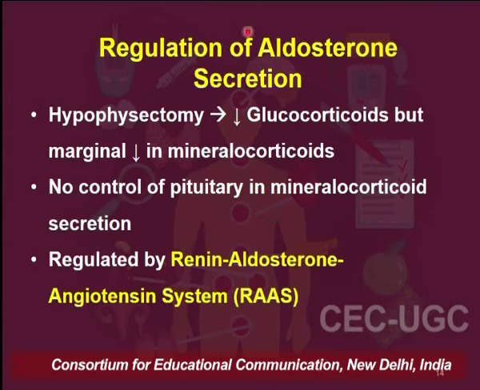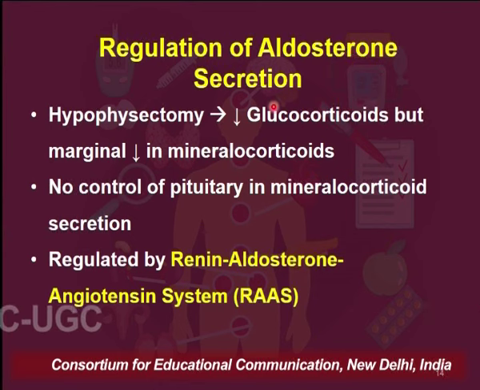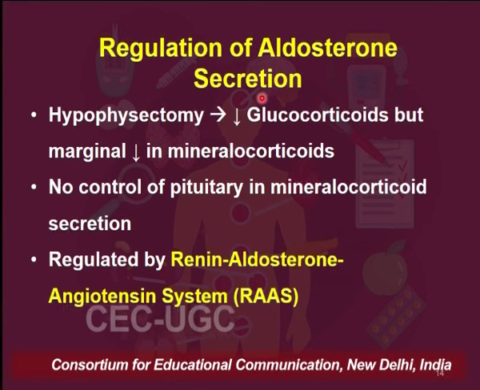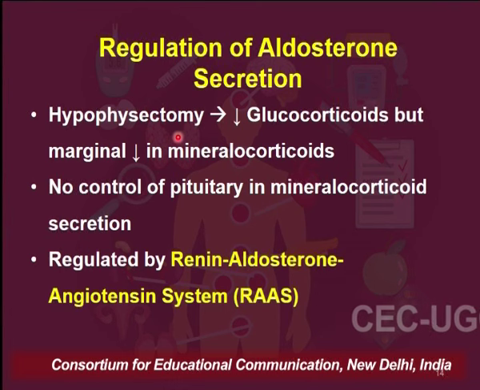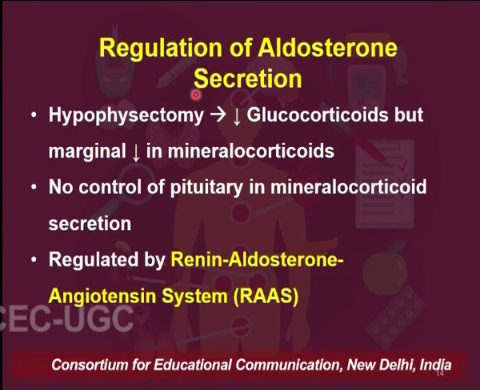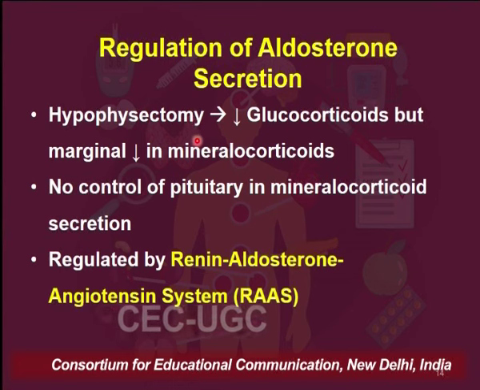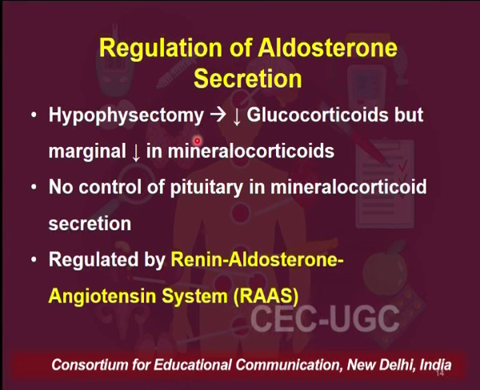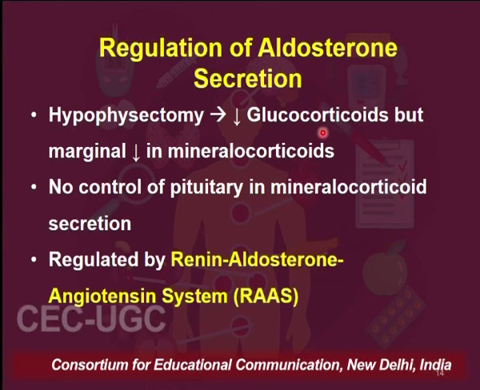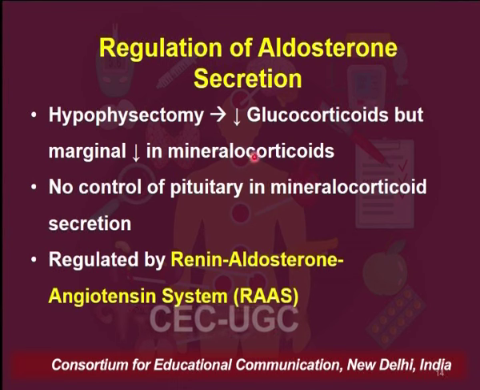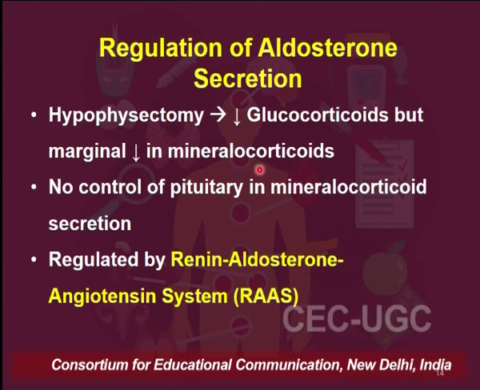How does this regulation of aldosterone secretion occur? There is a study wherein hypophysectomy was done in the experimental subjects. So there was removal of the pituitary gland. Interestingly, the observation was that the glucocorticoid levels were decreased, but there was only a marginal decrease in the levels of mineralocorticoid.